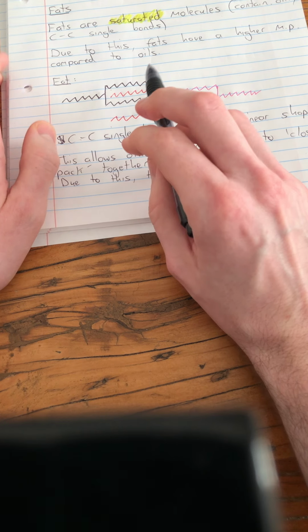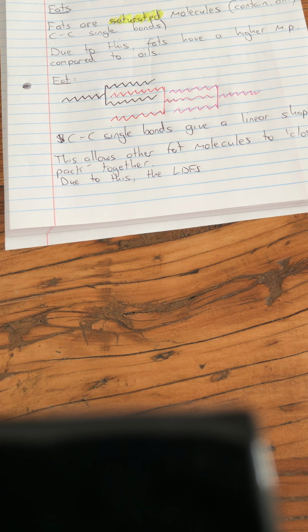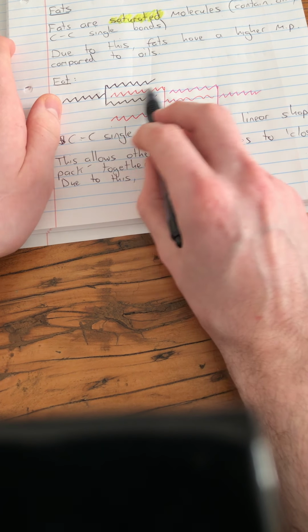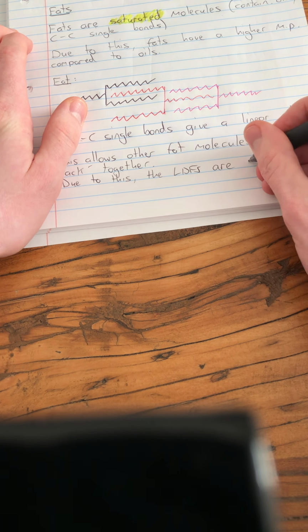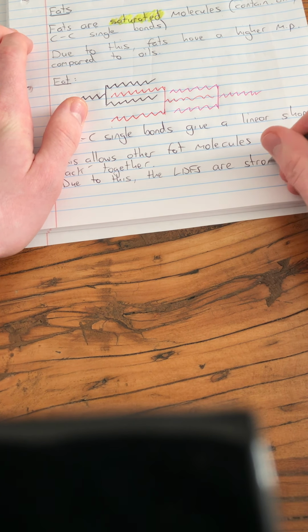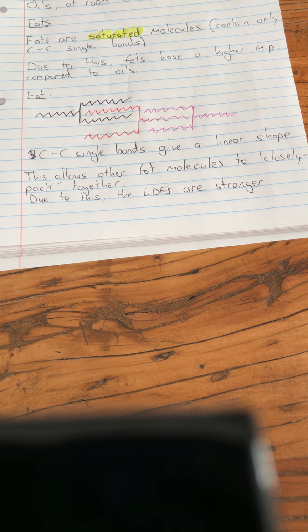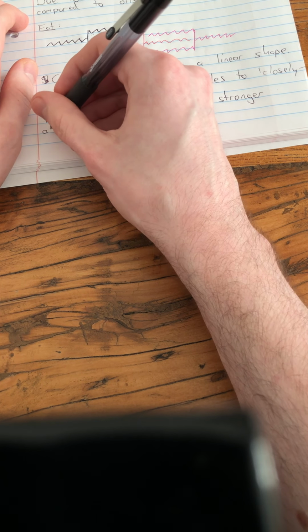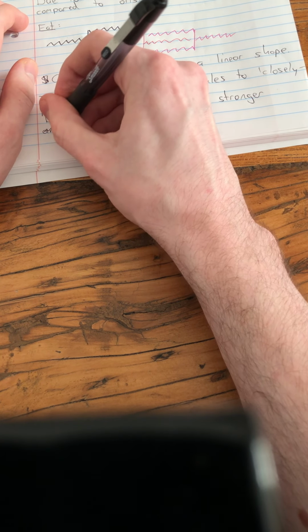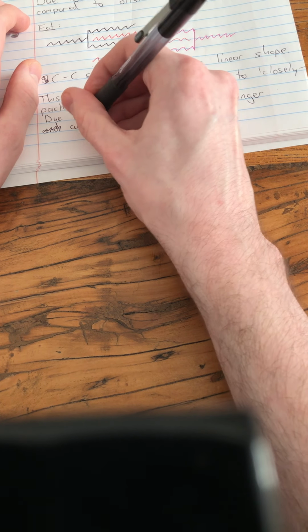Okay, so because obviously the electronegativity difference is less than 0.5, it's non-polar, they only contain LDFs, okay? But because they're closely packed together like this, the LDFs are stronger, okay? And again, you should know if we've got stronger LDFs, they're harder to break, and that gives them a higher melting point, okay? So due to this, the LDFs are stronger and harder to break.